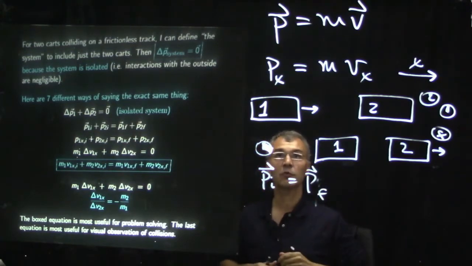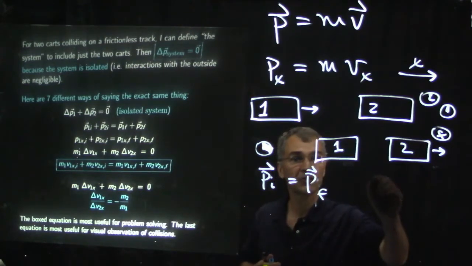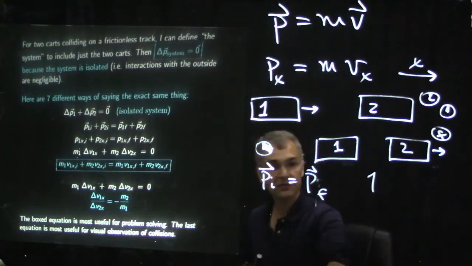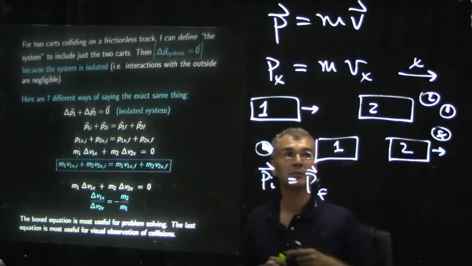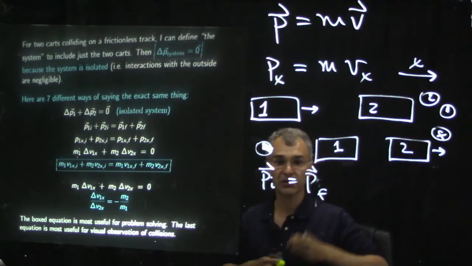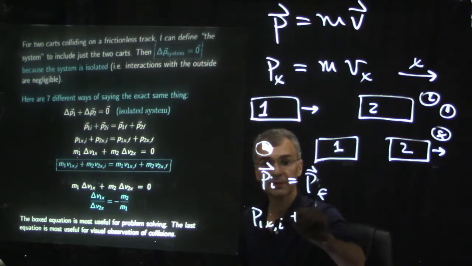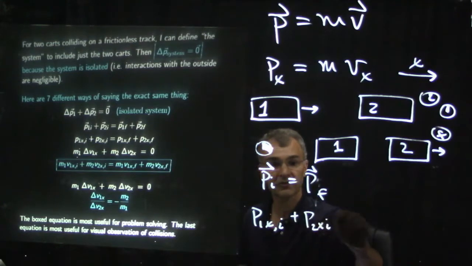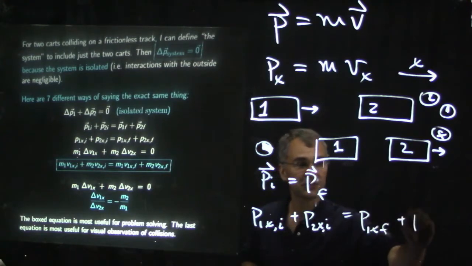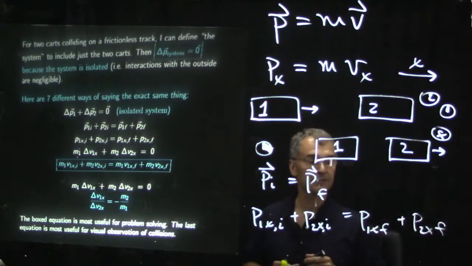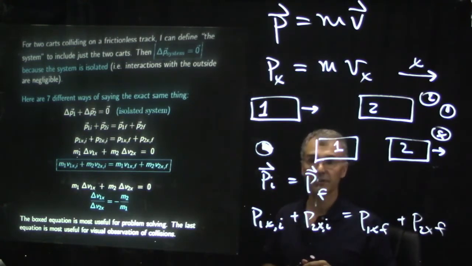And how do we write that more carefully? Well, first of all, let's just use x components. And let's also say that the momentum is the momentum of cart 1 plus the momentum of cart 2. So then we will say P1x initial plus P2x initial equals P1x final plus P2x final. And we know that momentum is mass times velocity.